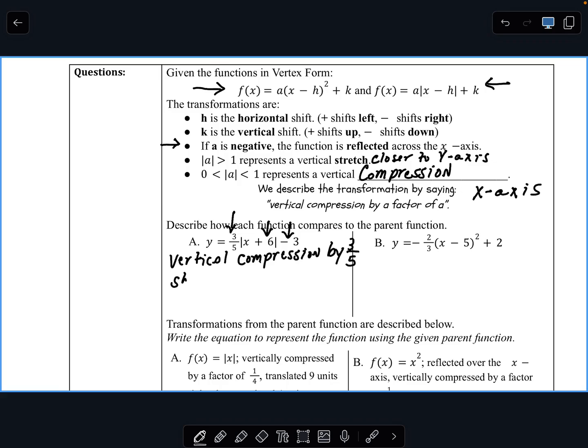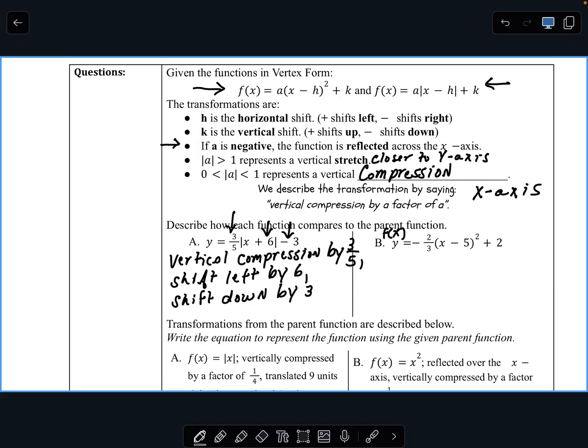We're going to shift left by 6. And we're going to shift down by 3. Okay. All right. How about in this next one? And remember, y is the same as f of x.